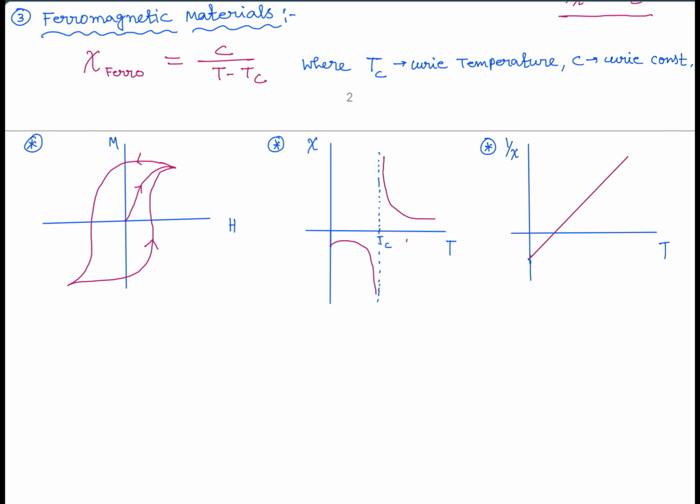The slope will be 1 by C, and the intercept will be minus Tc by C, and this transition happens at Tc.